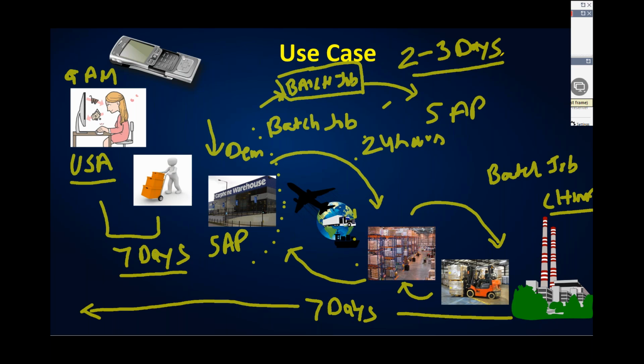So if IT takes 2 to 3 days in the whole process, then this process of 7 days delivery cannot be achieved. Our IT landscape, our IT ecosystem has to be effective enough to support our advanced business processes and our advanced business innovations.